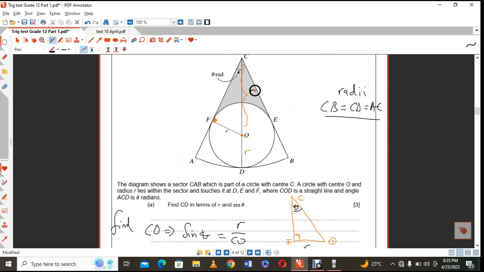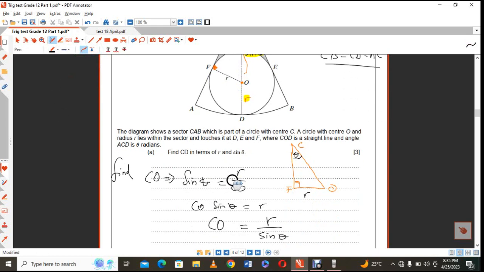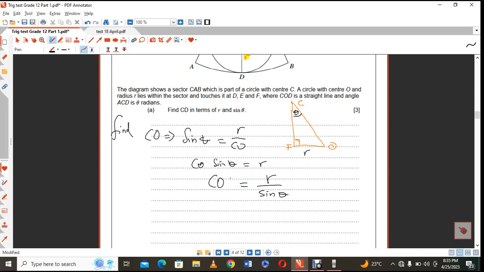So if this distance, the one that I marked, is r over sine theta, then to find the whole long distance CD, I have to add the two. I hope you can see that. So CD, using r and sine theta, is going to be r plus r over sine theta.